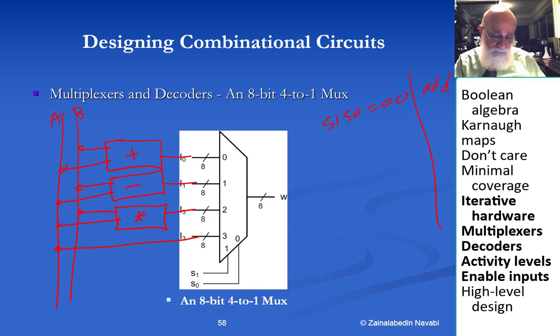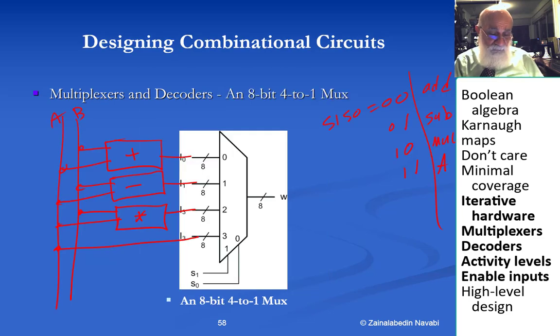If it's 0, 1, the output becomes the subtraction of A minus B. If it's 1, 0, the output becomes the multiplication of AB. If it's 1, 1, then the output just becomes the A input. So this way I'm showing you upper level constructs, upper level elements that can be put together to come up with a larger function.